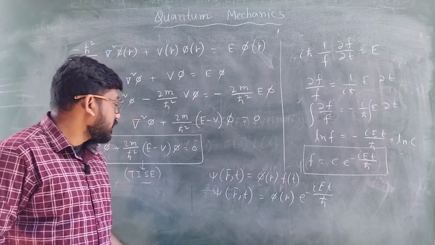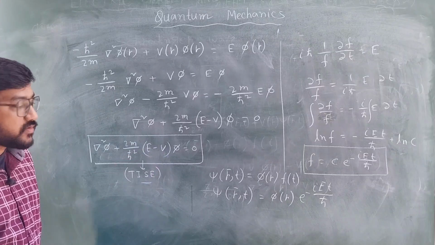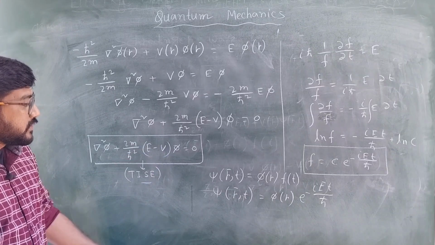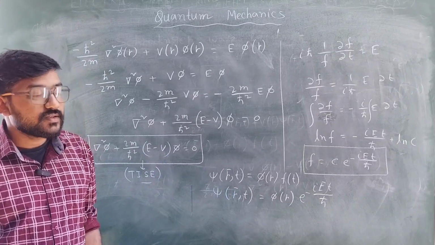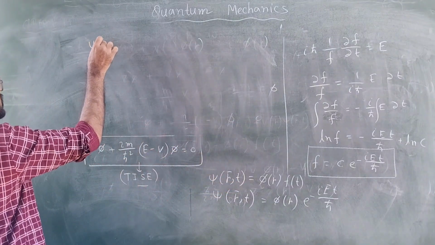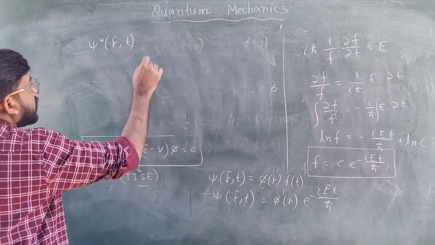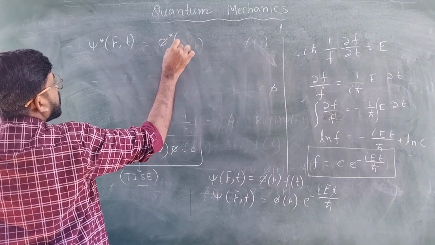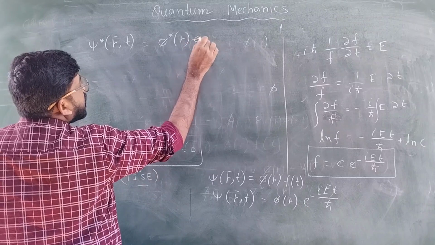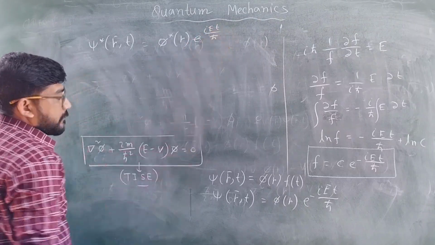Now what will be φ(r)? That will depend on this equation, which will depend on this potential function also. And you can see this solution is basically a stationary state, because if you find ψ star, that means the complex conjugate of this, that will be φ star of r into e to the power plus iEt upon ħ.